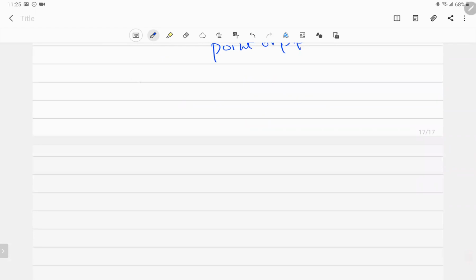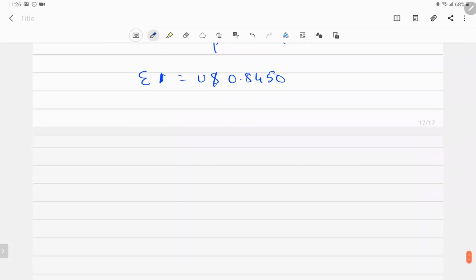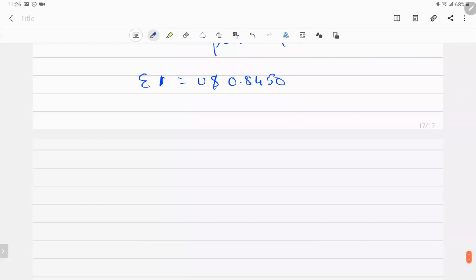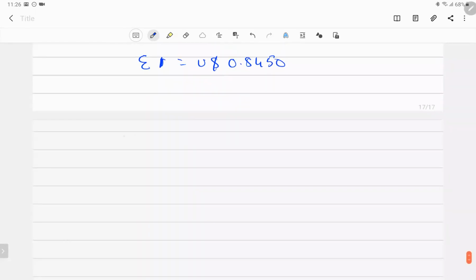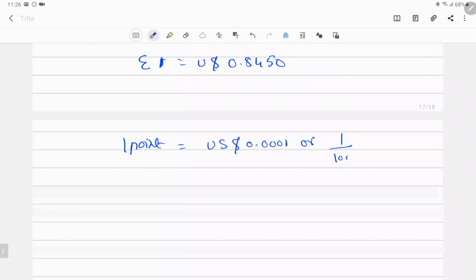Suppose we have 1 euro equal to US dollar 0.8450. What does 1 point mean? 1 point is nothing but US dollar 0.0001, or it can be derived as 1 divided by 100 of a US cent.